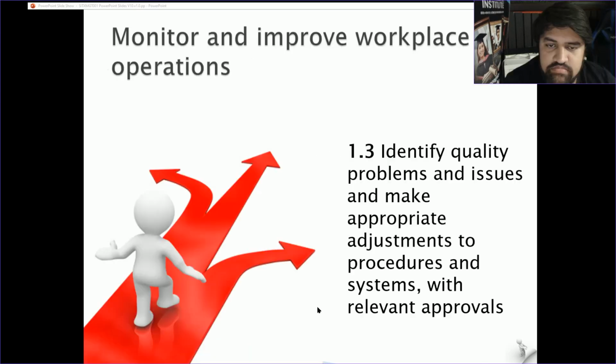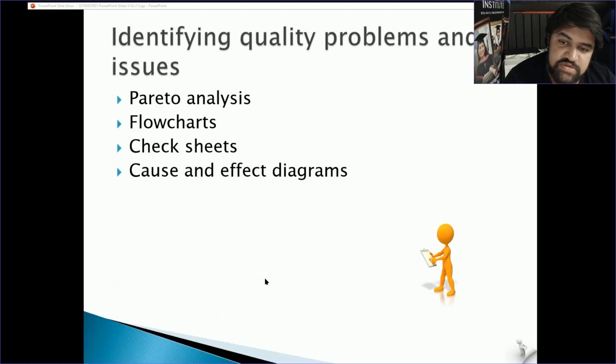1.3, identify quality problems and issues and make appropriate adjustments to procedures and systems with relevant approvals. Identifying quality problems and issues. So you're doing the Pareto analysis, flow charts, check sheets, cause and effect diagrams.